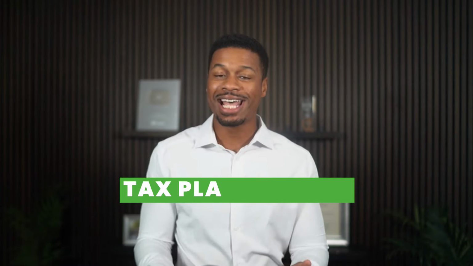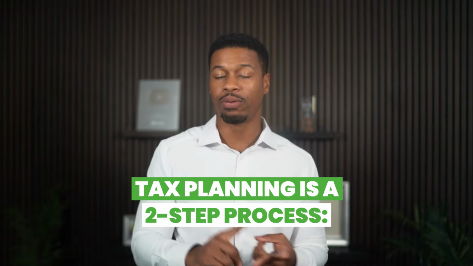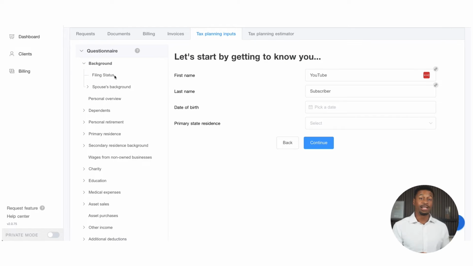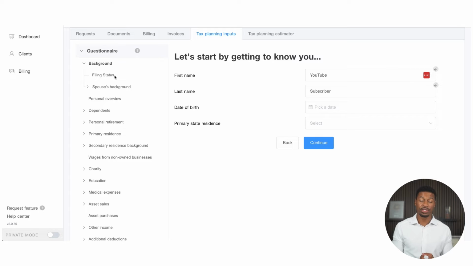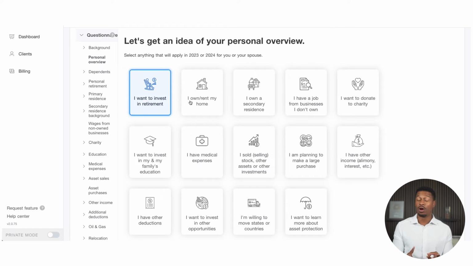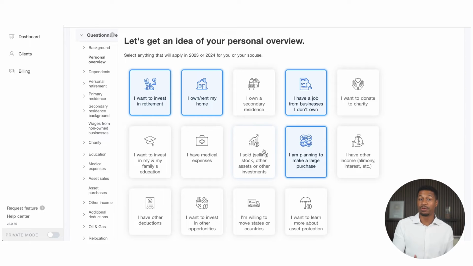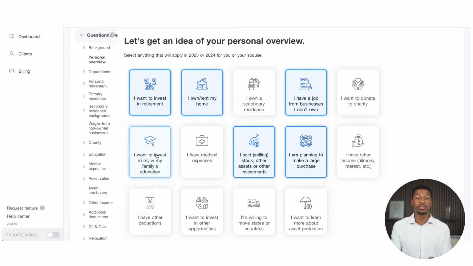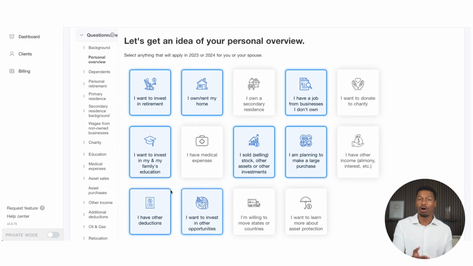All right, so remember, tax planning is a two-step process: analysis and arrangement. When conducting your analysis, you should look at every part of your financial situation, like your filing status, your retirement goals, owning or renting your home, businesses you own, family members you support, investments or purchases you are planning to make, or other deductions you are already taking.